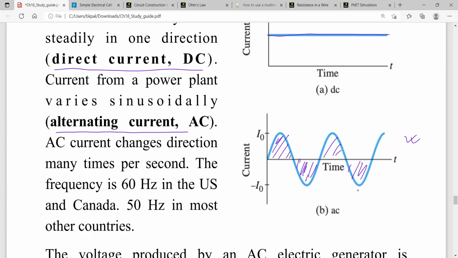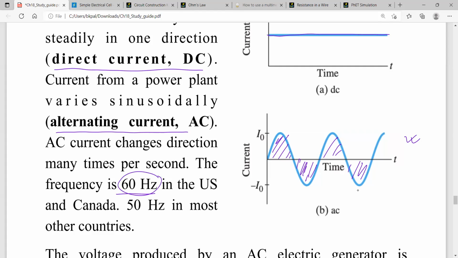But in our household, it changes 60 times in 1 second. 60 times in 1 second is too much for our brain to analyze, and that's why we see it as continuous. The number in Canada and the United States is 60 hertz.